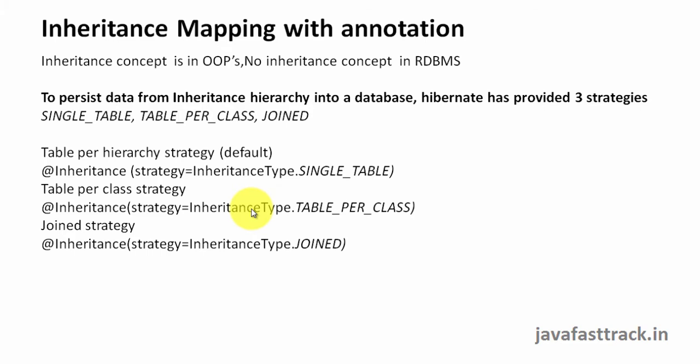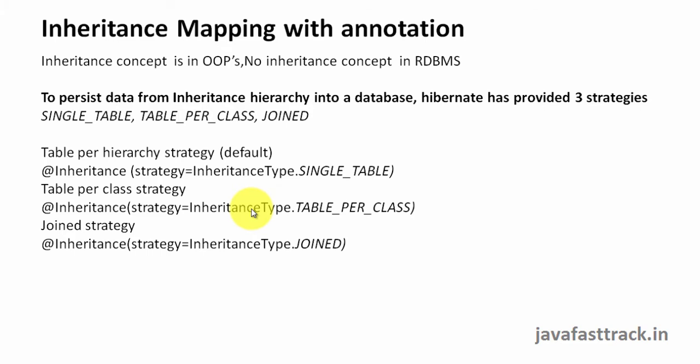That's all. If I am able to write some Java programs and annotate, with that I'll be done with inheritance mapping in Hibernate. Now I will try to understand these three strategies by taking an inheritance hierarchy.